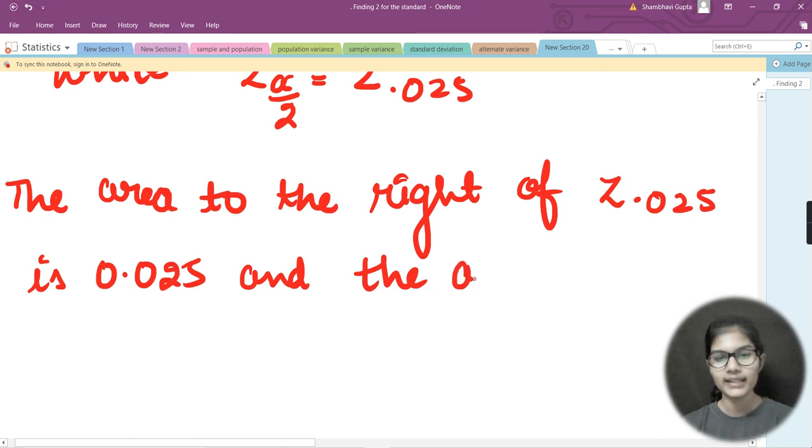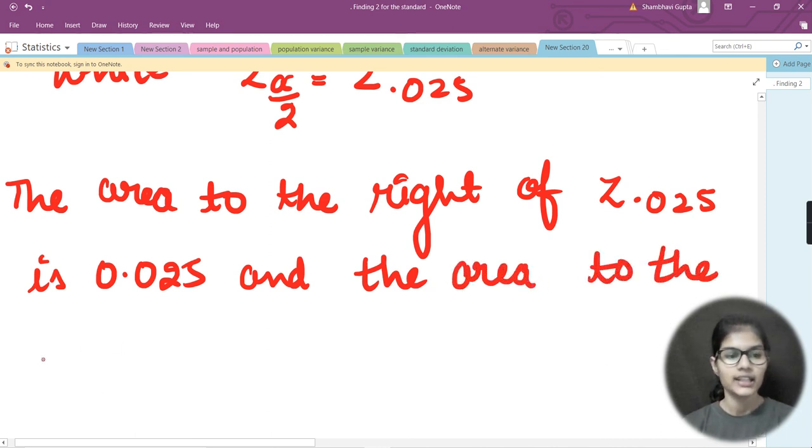And the area to the left. When you want to find the area to the right, we first find the value for alpha and simply do alpha by 2.